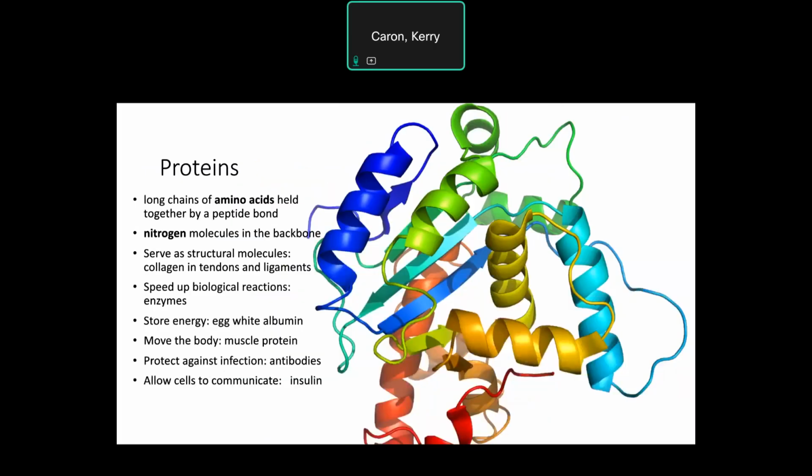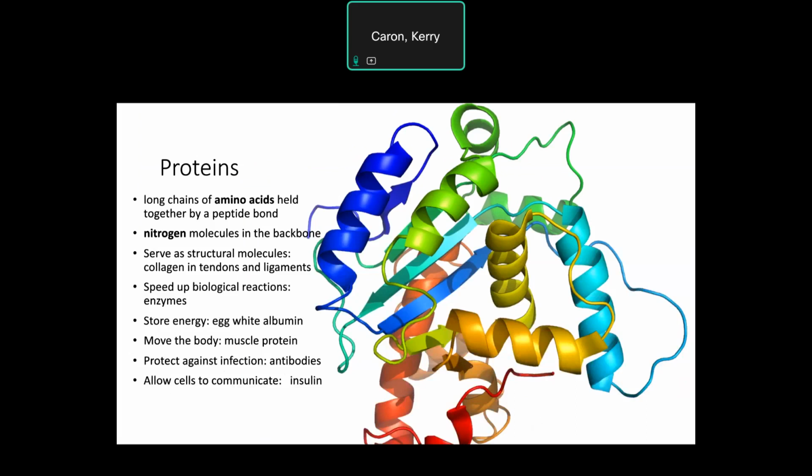Your proteins are made of long chains of amino acids. And you'll know a protein when you look at it because it has nitrogen as the backbone. And proteins we need for structure. Proteins build things. They are found in our collagen, in our tendons, in our ligaments.